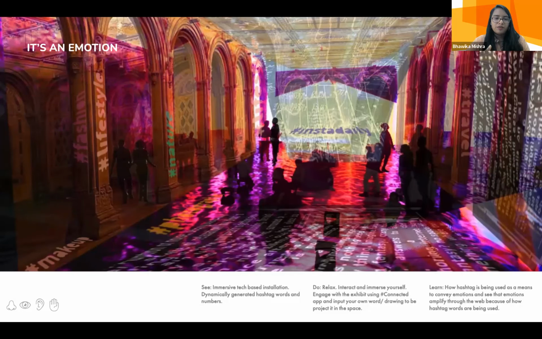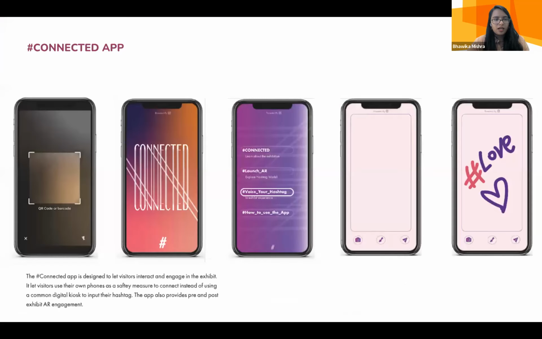And they would be provided with an application, Hashtag Connected, to write their own hashtags and send them into the space. And it also generates a dynamic feed based on how people are constantly using hashtags on social media. And this is the Hashtag Connected app where they're encouraged to scan a barcode and voice their own hashtags.